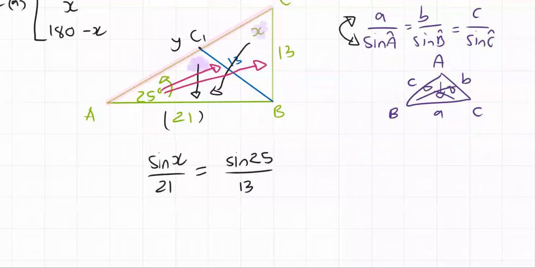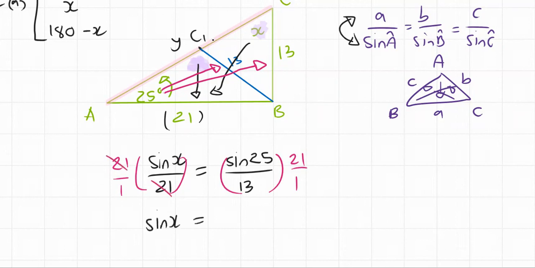A little bit of cross multiplying to fix this. We want sine x on its own. So we times both sides by 21 over 1. Top times top, bottom times bottom. This side cancels out. We get sine x is equal to 21 times sine of 25 all over 13.